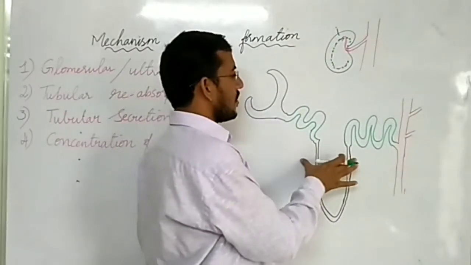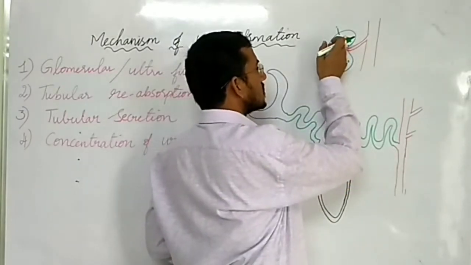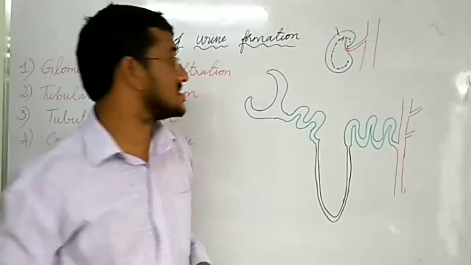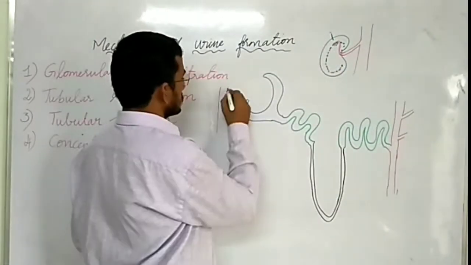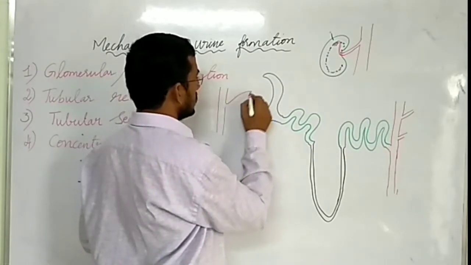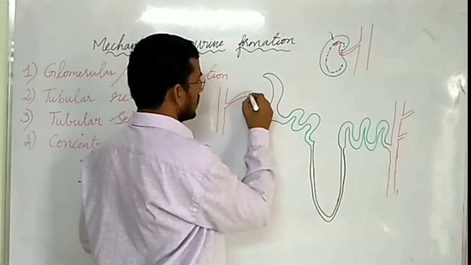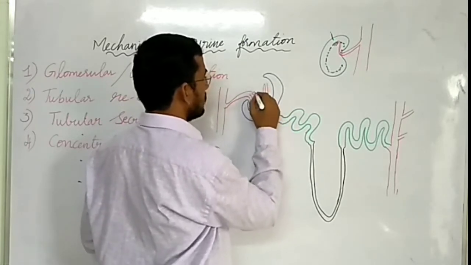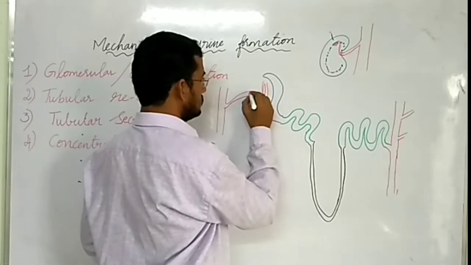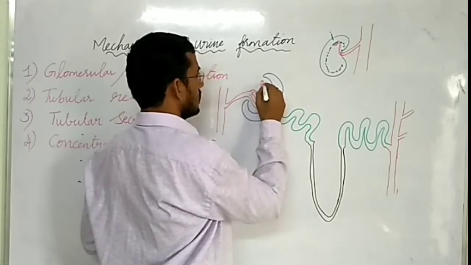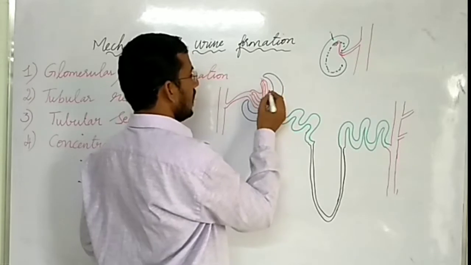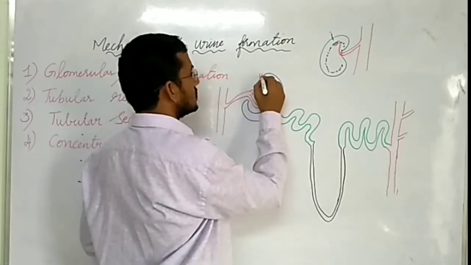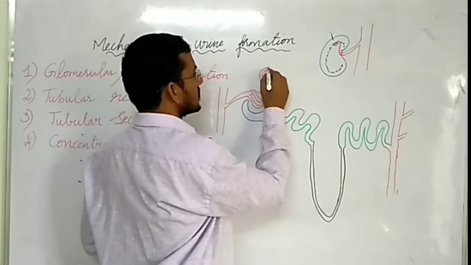The nephron is present half in the cortex region and half in the medulla region. From the renal artery, arterioles arise, from arterioles many capillary branches arise, and these capillaries are called glomerulus. The glomerulus capillaries join together to give the efferent arteriole.